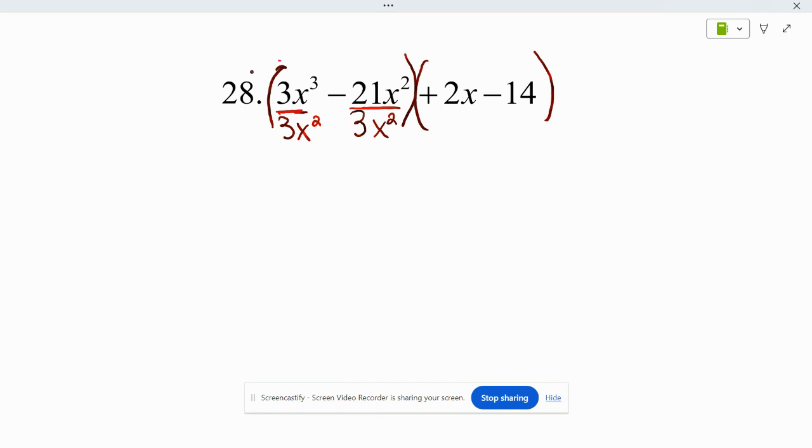Bailey, I want you to look at the second binomial, confer with Cameron, and tell me what's the GCF of that second one. Good job. Okay. So I'm taking a 3x squared out of my first one. Noah, when I divide 3x cubed by 3x squared, notice that my 3's cancel out.